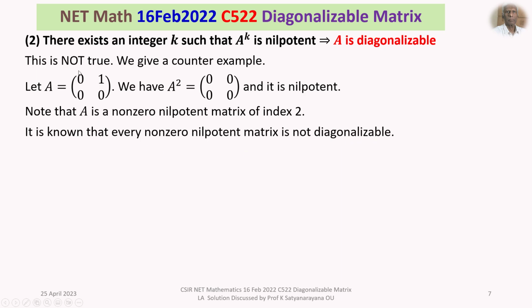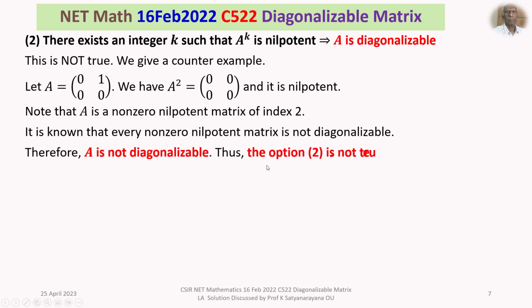So A is not diagonalizable. So option 2 does not imply that A is diagonalizable, and option 2 is not true.